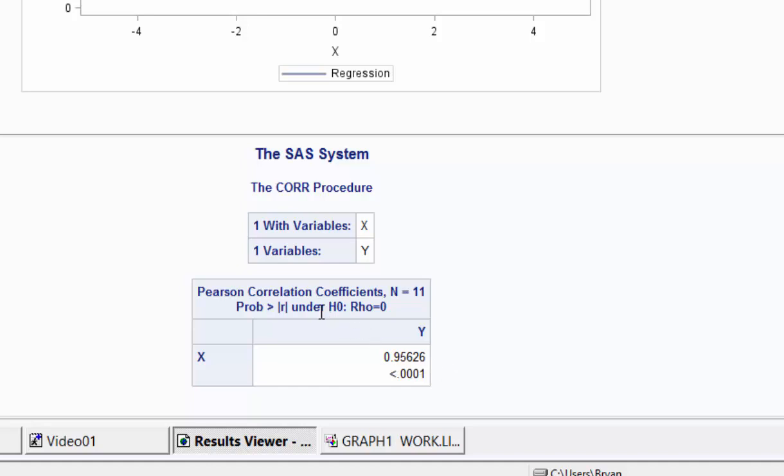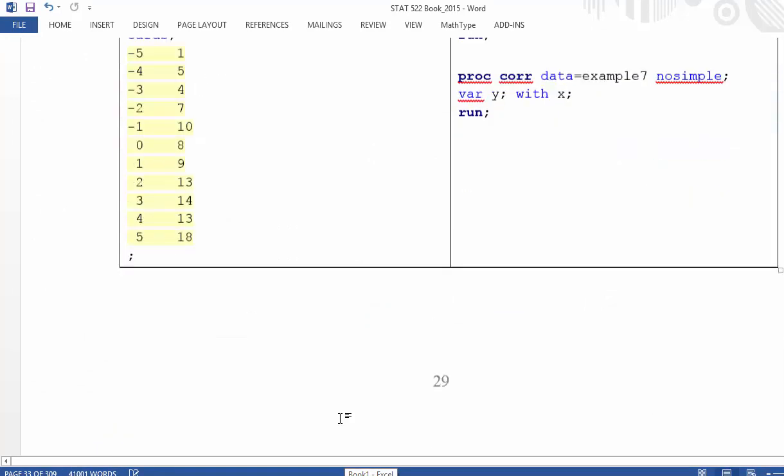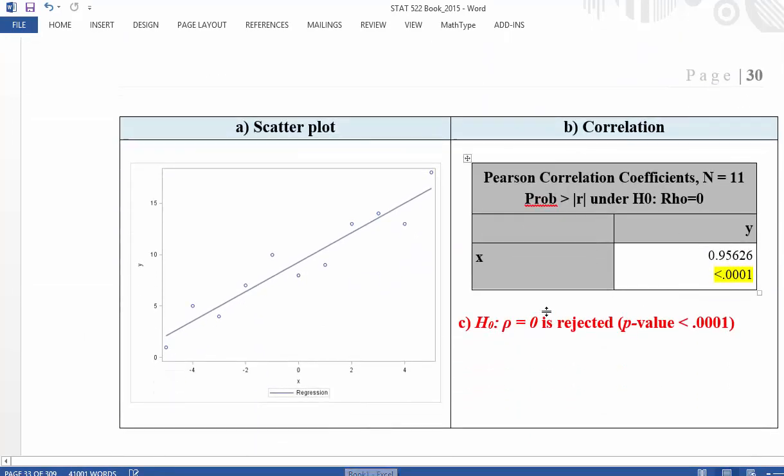Now if we test the null hypothesis that the correlation is equal to 0, we see that our p-value is highly significant. This means that there's strong evidence suggesting that the correlation is not equal to 0. If we go over to our Word document, we see we already have this worked out. This is a nice presentation, and the null hypothesis that rho is equal to 0 is rejected, with a p-value less than 0.001.